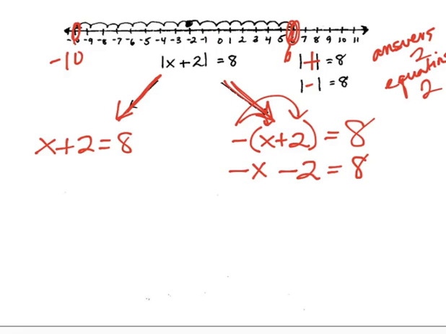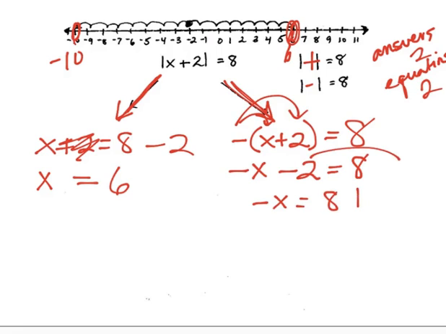Now we're going to get really good at just writing that down. We don't even have to do anything. Now we just solve. All right, that's x equals 6, because we move the 2. If it's a positive 2 and we move it, it's a -2. All right, this is -x equals 8. Okay, we're moving it, so that's a positive 2. -x equals 10.